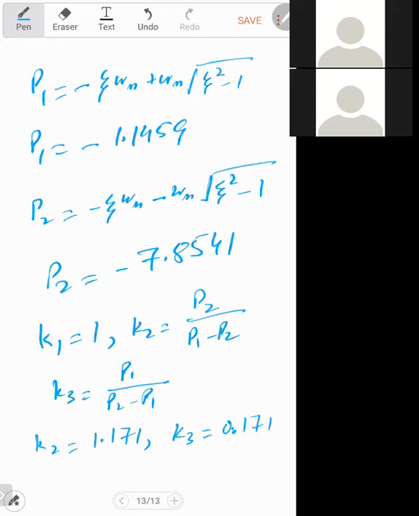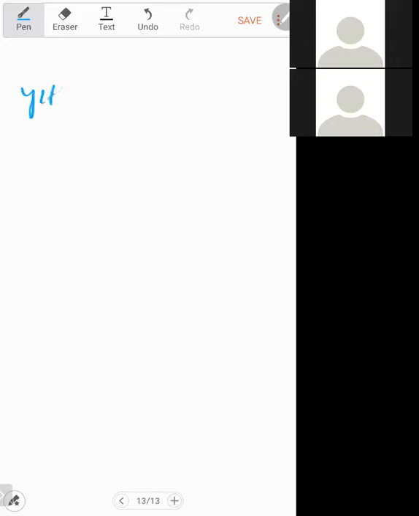And the rest is the solution, which is y of t, which is equal to 1 plus 0.171 e to the power minus 7.